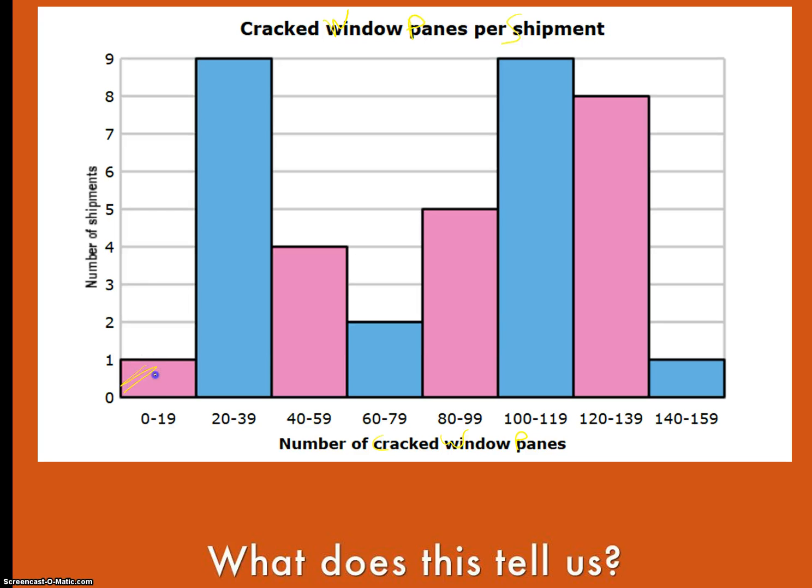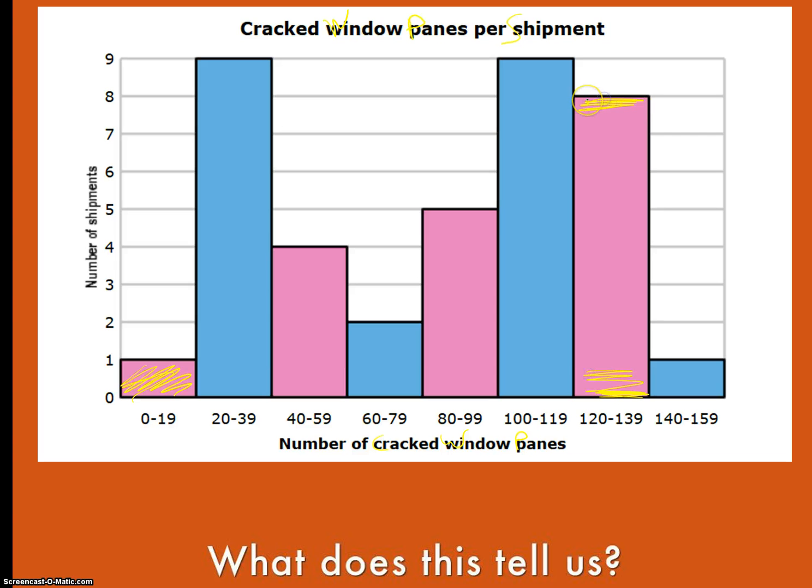So all the numbers between 0 and 19 are in here. All the numbers between 20 and 39, etc. This is number of cracked window panes. So if you are a company that does panes of glass for buildings and you're sending them out, you want to make sure you have a good product. It looks like they have quite a few cracked window panes. So for 0 through 19, they have 120 to 139.